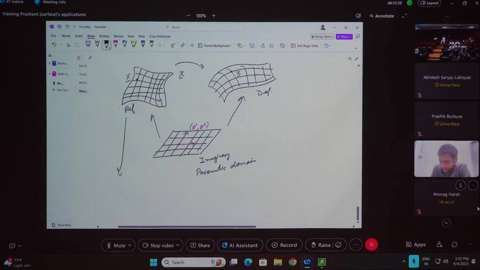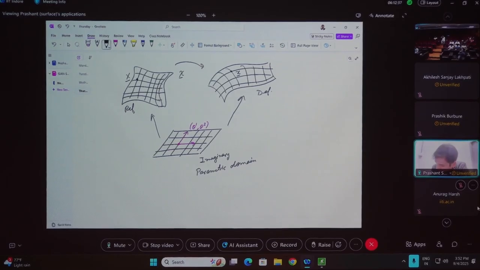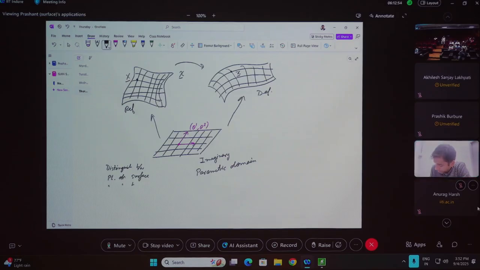Let's say the position vector of any point, which is okay. So another thing is to distinguish between a point on the surface and a point on the body, which is 3D.